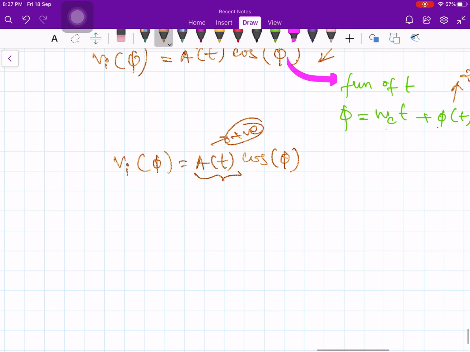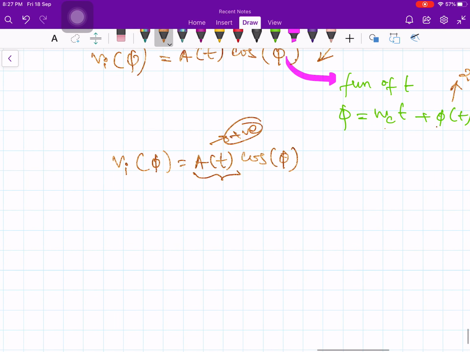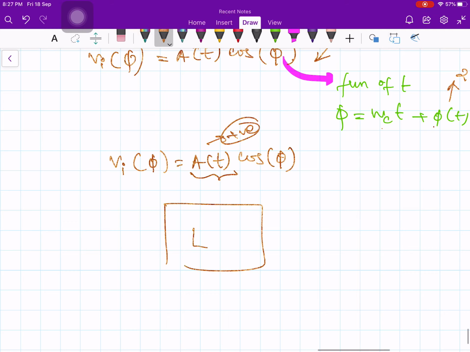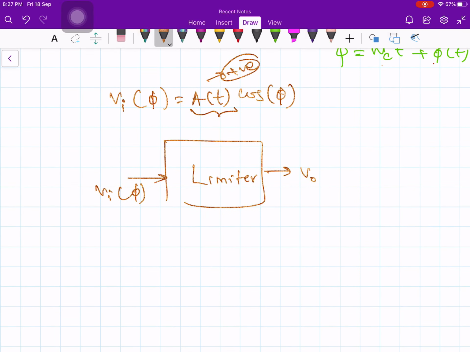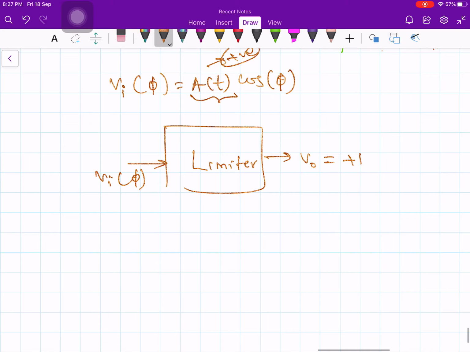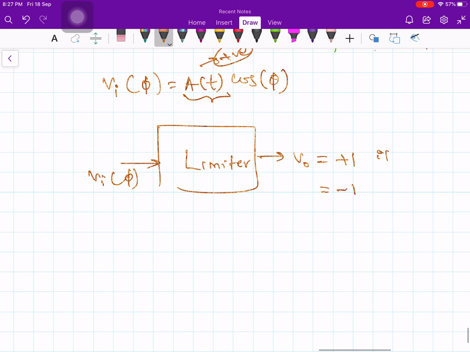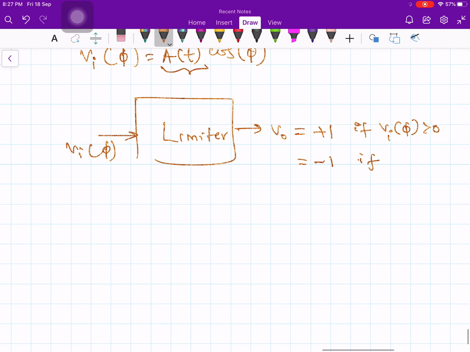Okay, now we would like to understand what my v naught is as a function of phi. So you have the limiter, and the input is vi of phi, and I would like to find out what v naught is. So v naught is going to be equal to plus 1 or minus 1: plus 1 if vi of phi is greater than 0, and minus 1 if vi of phi is less than 0, because your hard limiter is like this, vi and this is v naught.